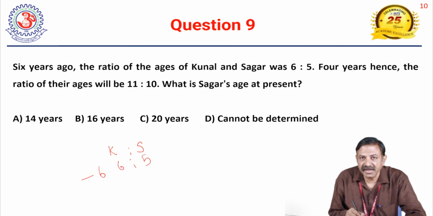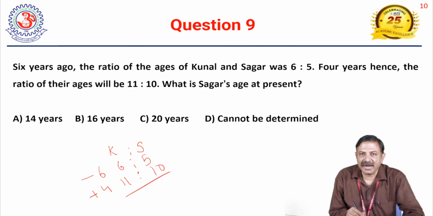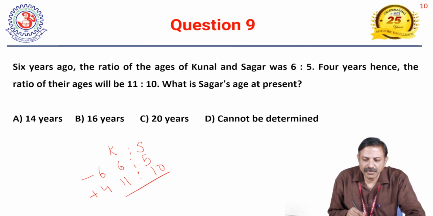One is 60, one is 50. 4 years hence, plus 4, the ratio will become 11 is to 10. 6 years ago minus 6, after 4 years plus 4. Process is same. 6 into 10, 60. 11 into 5, 55. 60 minus 55, difference is 5. 11 and 10, difference is 1.